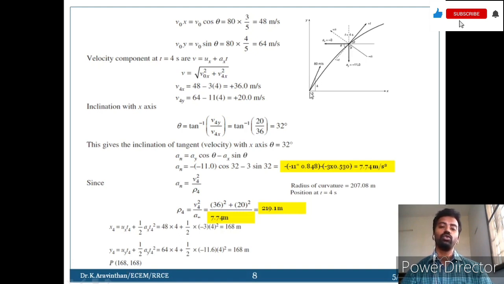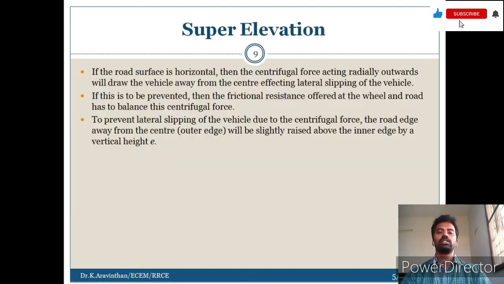So if you throw an object with 80 meter per second initial velocity, after 4 seconds it will reach a distance of 168 meter horizontally and 168 meter vertically. So this is how to find the distance of the object. Next concept is super elevation.